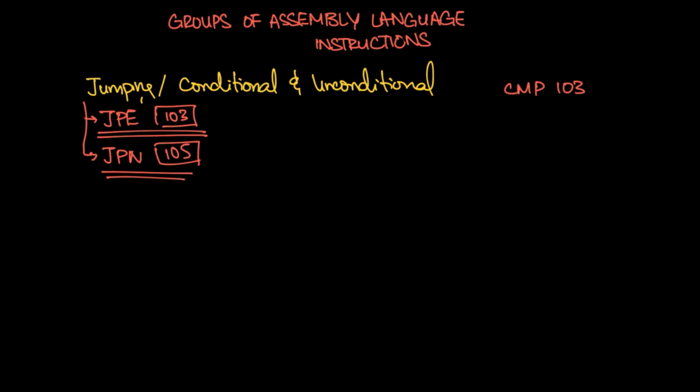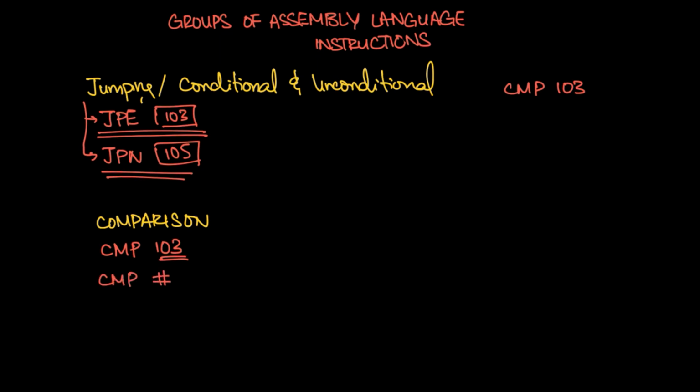And finally, we have our compare instructions that we just talked about. So comparison. Most commonly the CMP instruction is used. CMP 103, we just talked about this. It compares the contents of the accumulator with the contents of the address that is passed in as the operand. Similarly, we don't always have to pass in a memory address. We can change what type of operand we're passing by adding a prefix.